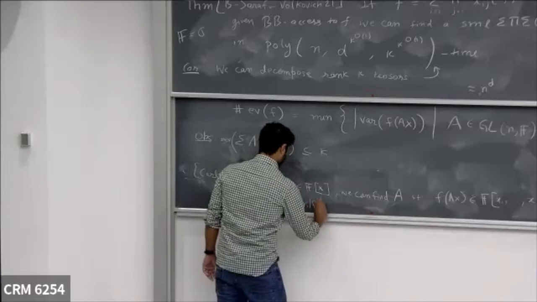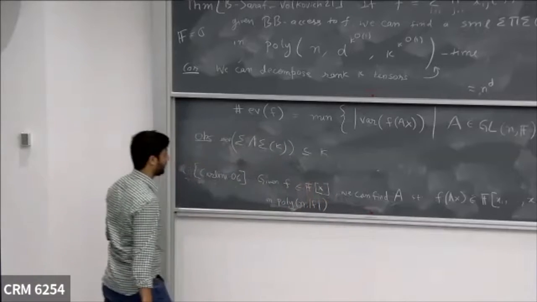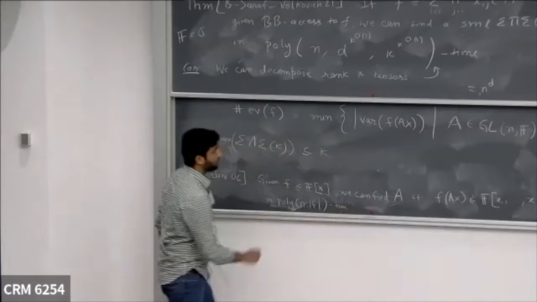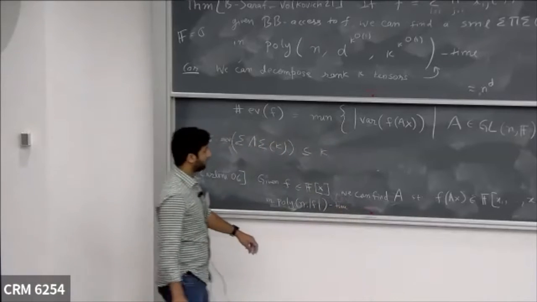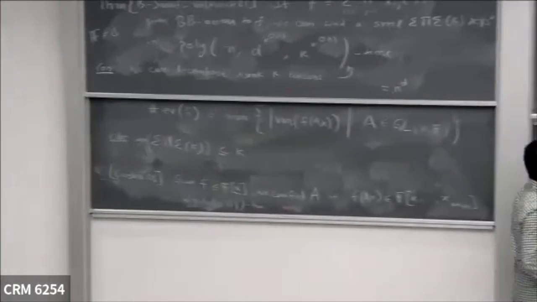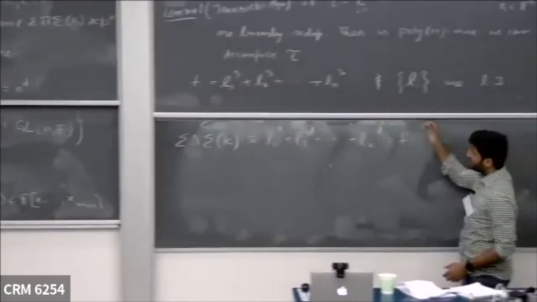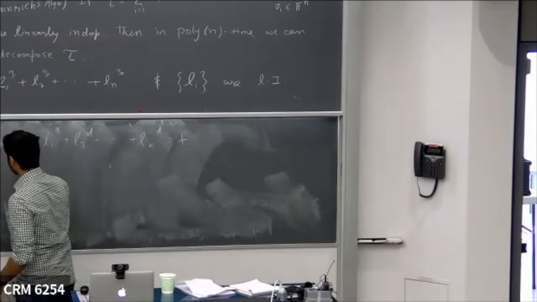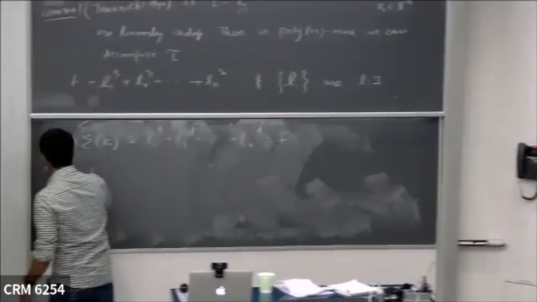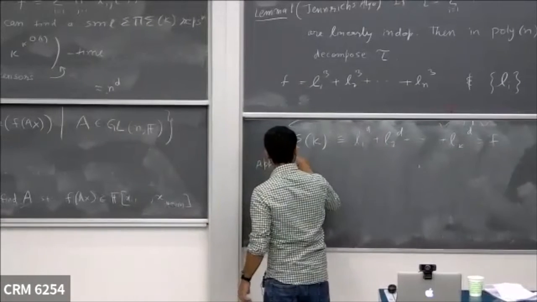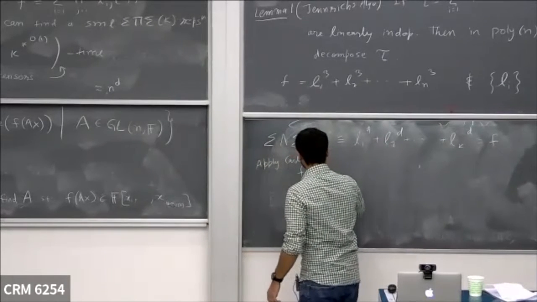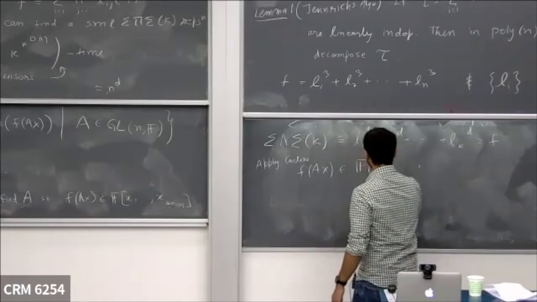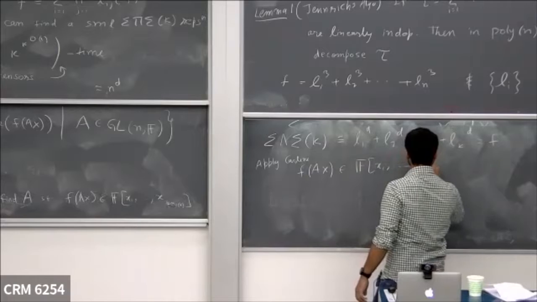It's a complexity of f. So it's very convenient now. We can just work with f of Ax. We'll apply Carlini, and look at f of Ax. This is a polynomial now in x1 up to xk.